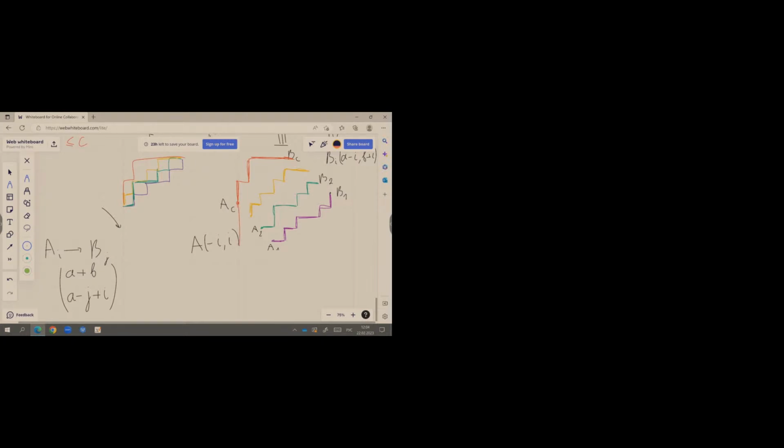Let's prolong them down from the starting point, like this. So this change changes the coordinates of our starting point to minus I plus 1.